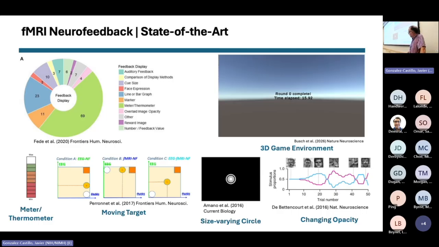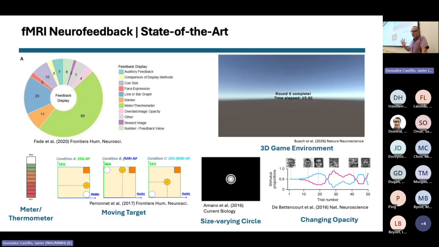The second one down here is a study in which they're using two modalities, and therefore, depending on the modality, they either have to move the circle on the plane of the fMRI signal or on the plane of the EEG signal. A circle that changes in shape, color, or size, depending on the signal. Here, depending on the signal of interest, the level of transparency between two types of images changes. And then very advanced ones, like you saw there, a 3D video game that, depending on the activity, moves to the right or to the left.